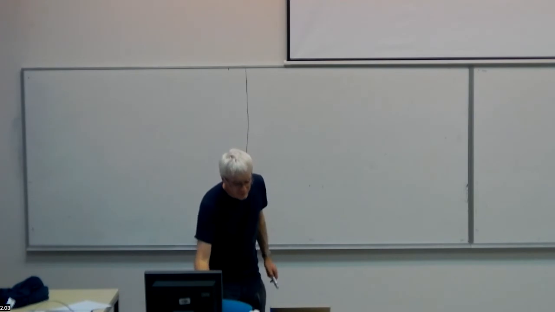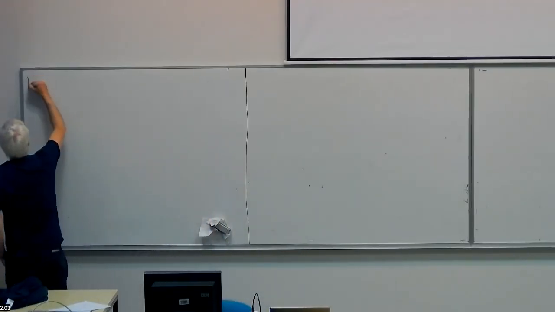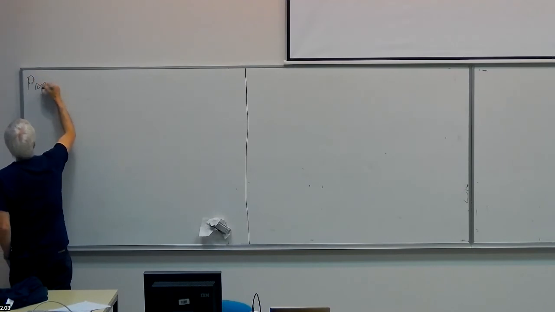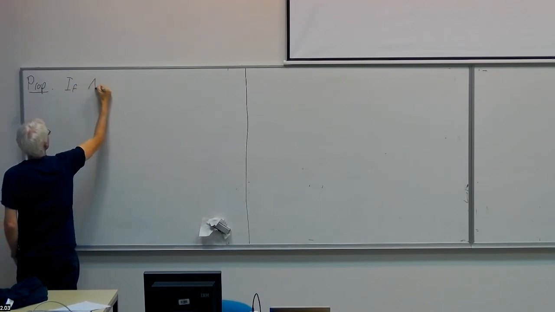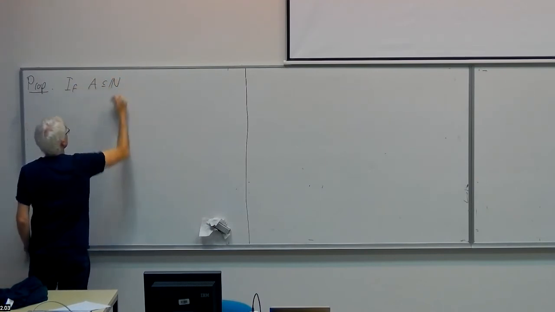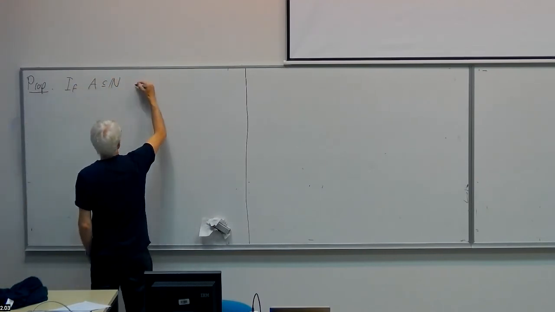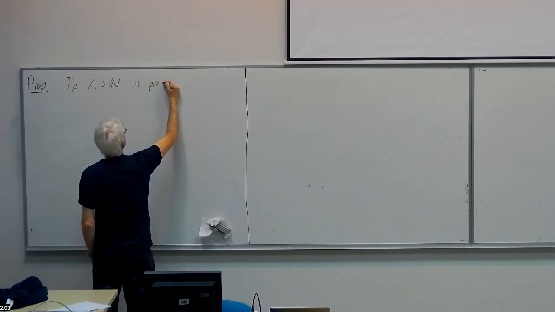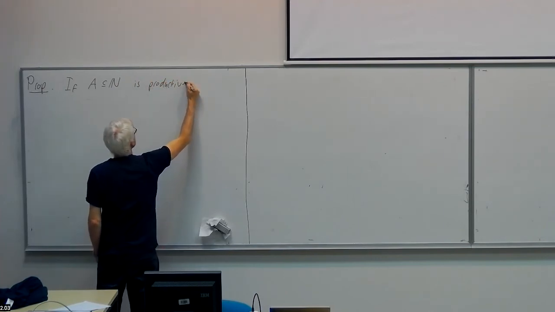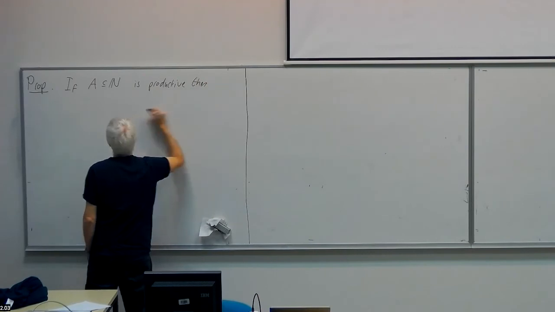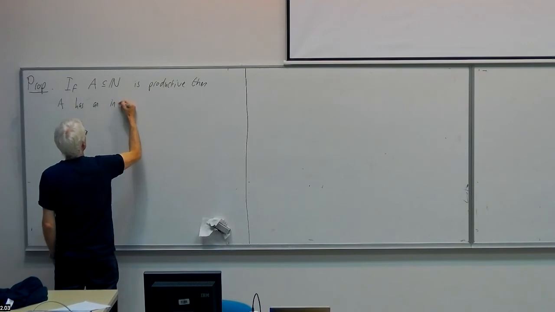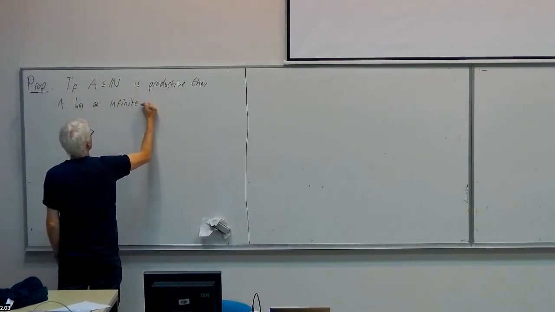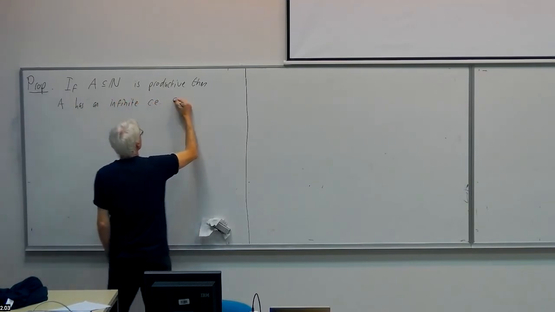I want to observe first a property of productive sets. So we're going to have a proposition. If A is a set of numbers that is productive, then A has an infinite computably enumerable subset.